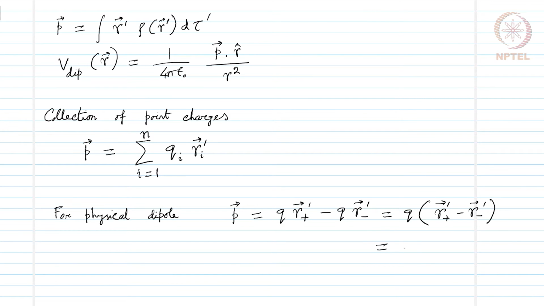That means this is q, the charge of each point charge, times the distance vector between them, where d is the displacement vector from the negative charge to the positive charge. That is how we define the dipole moment in the context of a physical dipole.